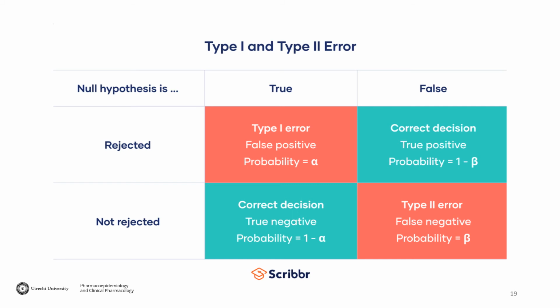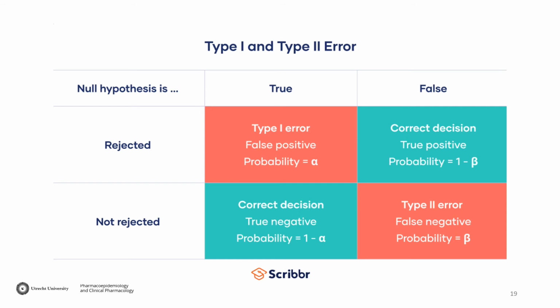And the probability for this one is called beta, and that is also related to the power, which we will go through in the next lecture. But basically you can decrease the risk of committing a type 2 error by ensuring that the test has enough power. So this is something we'll learn how to calculate in the next lecture.